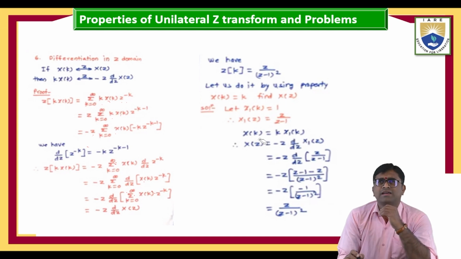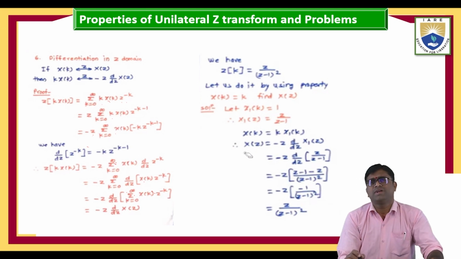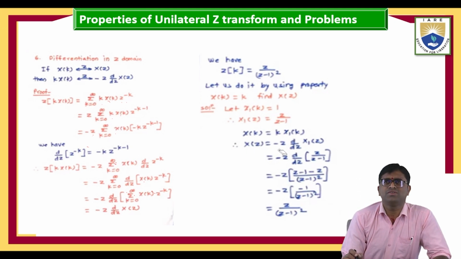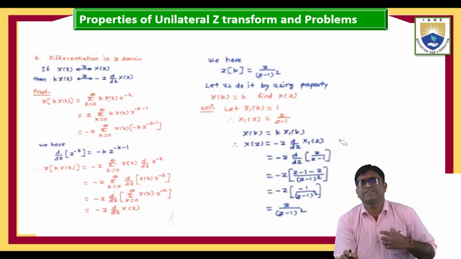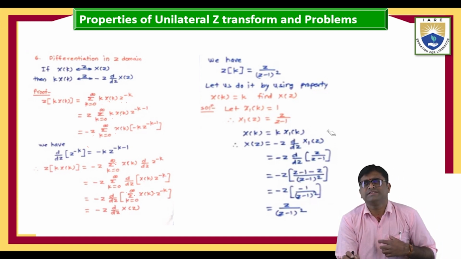If you apply the z transform, that is the differentiation property, x of z equals minus z into d by dz of x1 of z, where x1 of z is z by z minus 1.